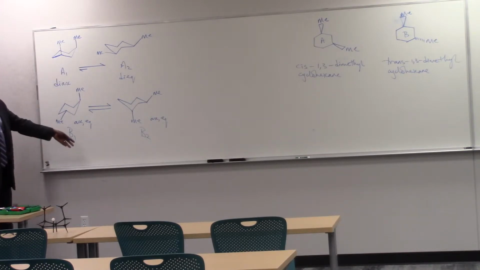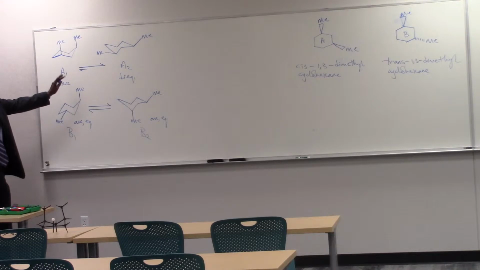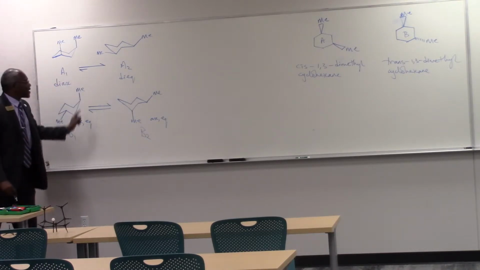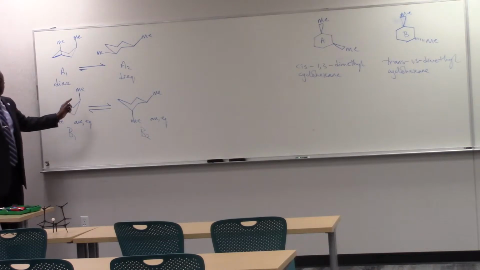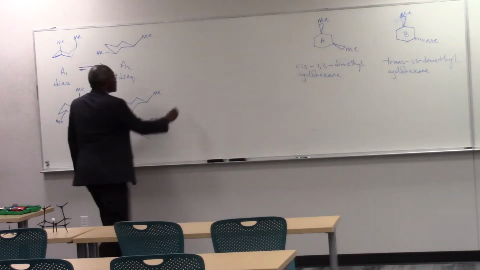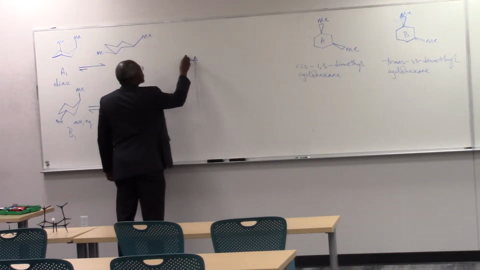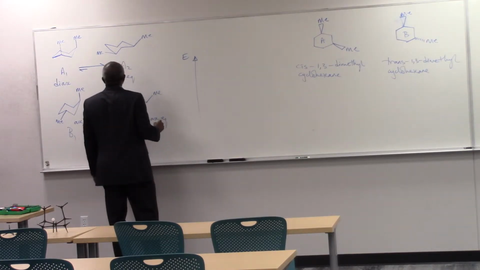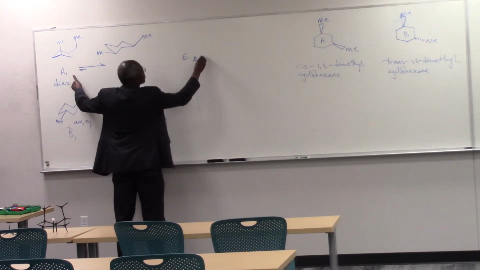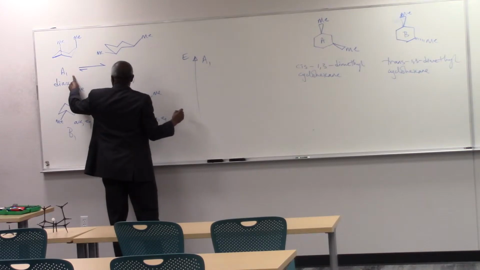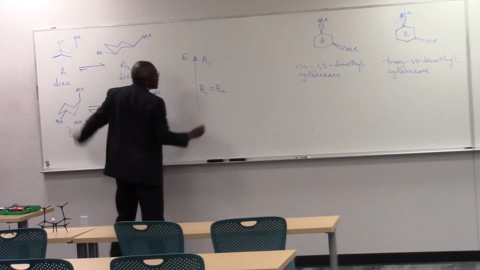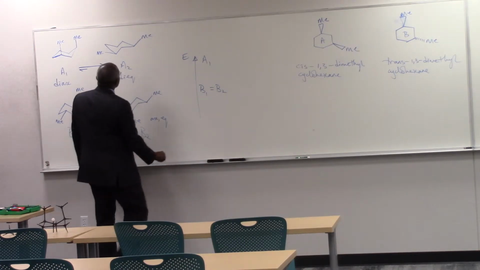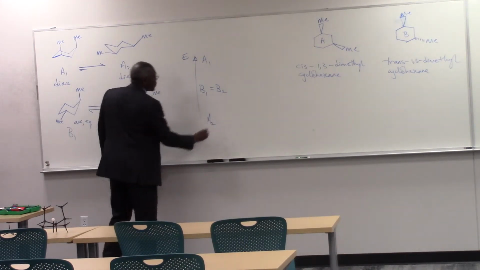So I've drawn my four conformers, indicated the position of equilibrium, and the relative population densities. If I ask you to rank them in terms of energy, well, the most energetic is the diaxial, followed by B1 and B2, which are degenerate, followed by A2, which is the most stable.